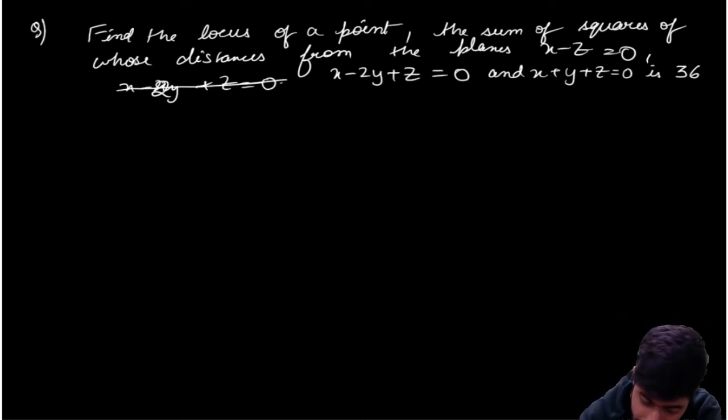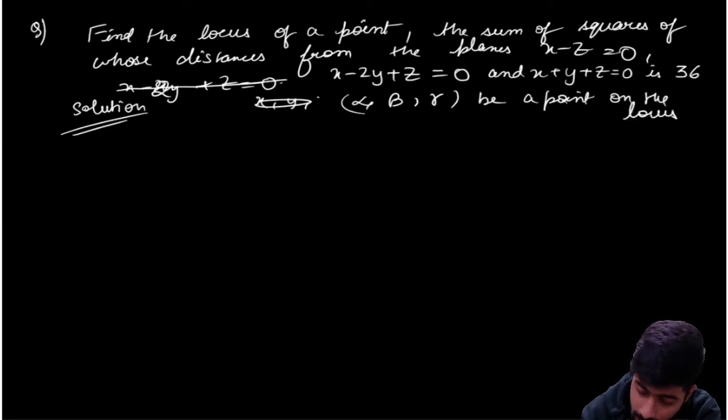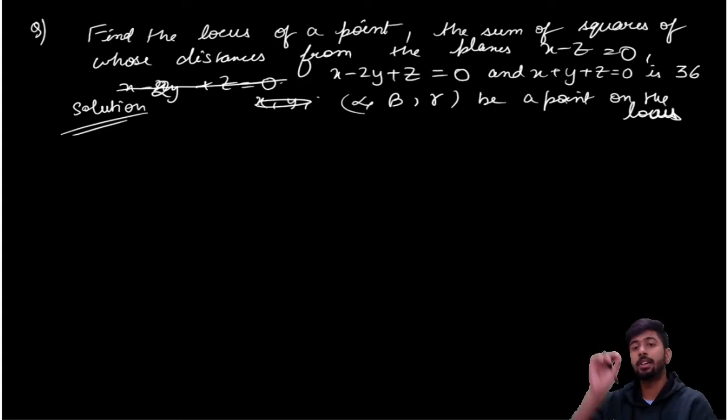So let my point be x comma y comma z, or let alpha beta gamma be a point on the locus. This is the solution. Whenever you come across any problem related to locus, first assume a point on the locus, right?